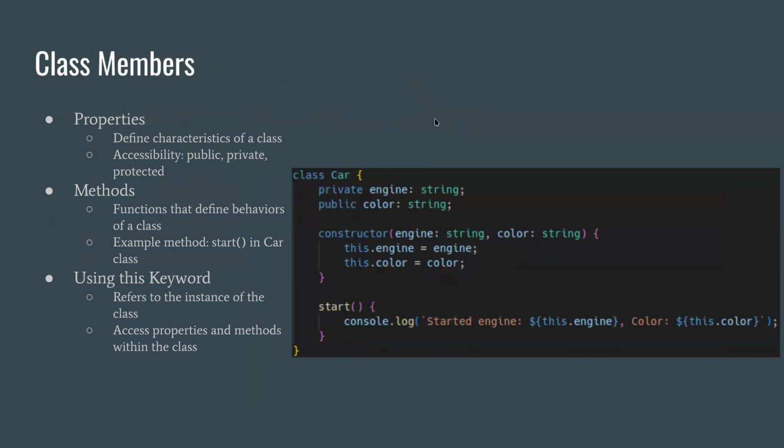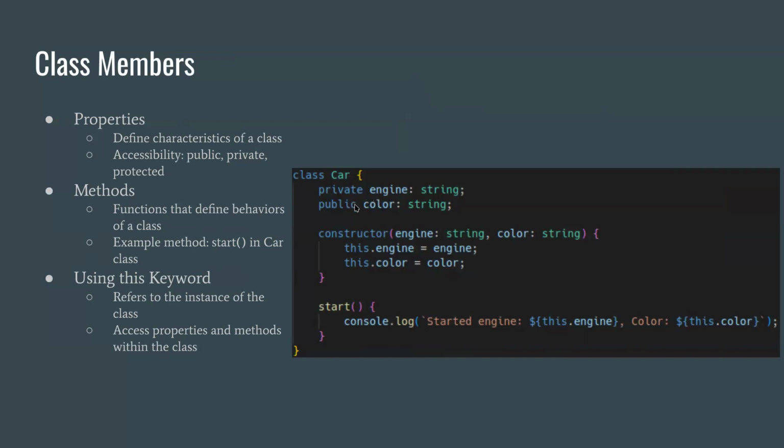Class members. So in any class, we distinguish between properties and methods. Properties represent data, while methods represent actions. In TypeScript, properties can be public, private, or protected, and they control where they can be accessed from.